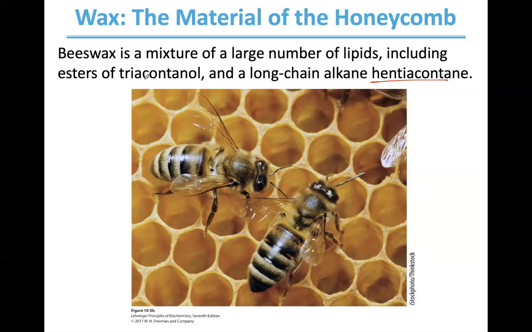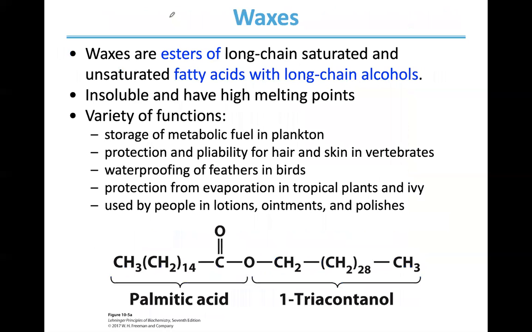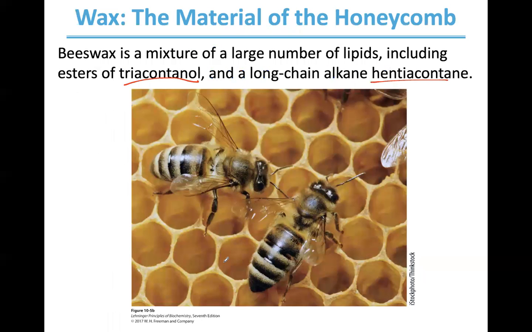All I want you to know from these couple of slides is what waxes are. I don't want you to know how many carbons. I just want you to know that waxes are lipids composed of long chain alcohols and long chain fatty acids. And obviously there are some applications.